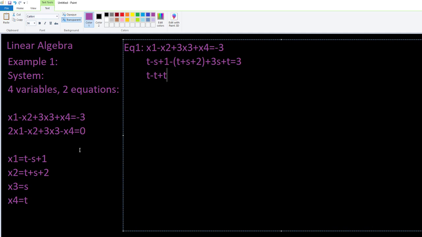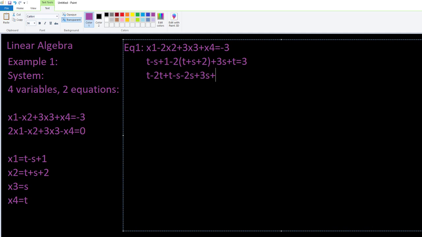Wait, actually it's 2x2 here. My bad, wait a minute. So the equation is actually 2x2, so it'd be 2 times this. So t minus 2t plus t. Then collecting the s's, we have negative s minus 2s plus 3s.